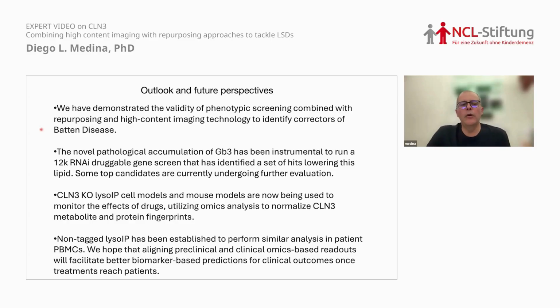So there are now ways to isolate the lysosome using specific antibodies against the endogenous TMEM192 lysosomal protein. So we are trying this approach, because we hope that aligning preclinical and clinical omics-based readouts will facilitate better biomarker-based prediction for clinical outcomes once the treatment reaches the patients.